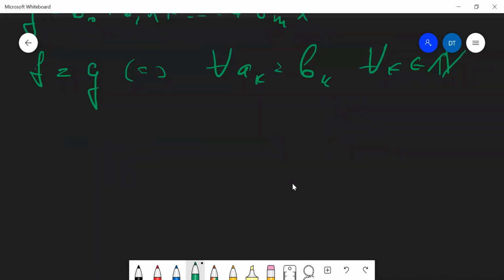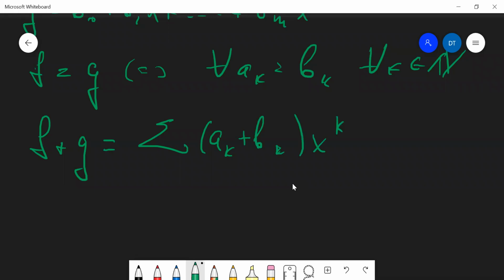If you want to add and multiply polynomials, you use the usual formulas. The sum of the polynomials is given by this formula, (ak plus bk) x to the k, where k goes from 0 through all the integers. Of course the sum is finite because for sufficiently large k, both coefficients are 0.